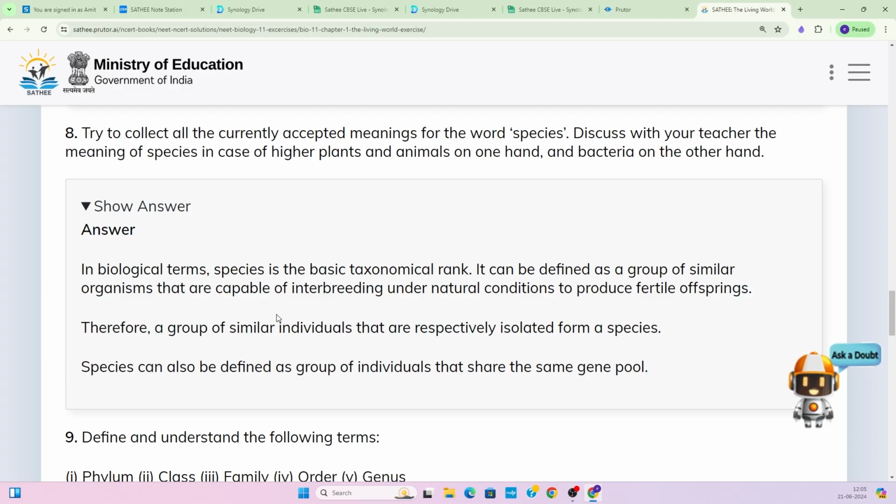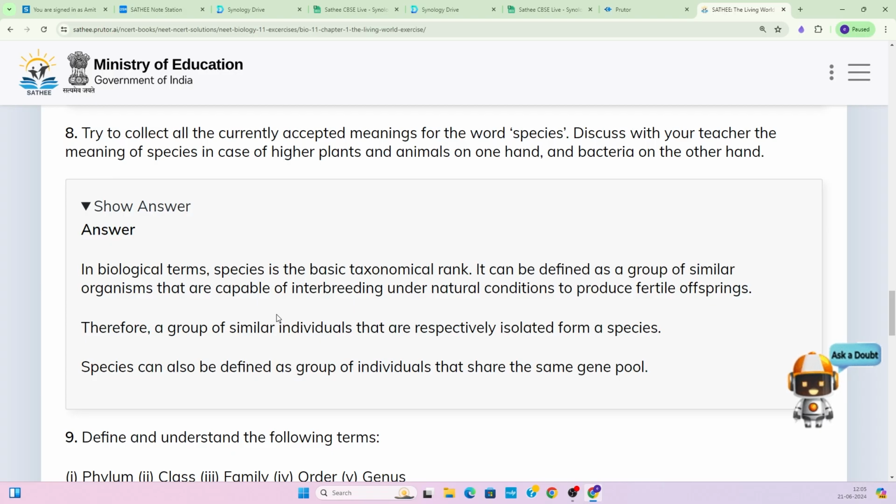Species can also be defined as a group of individuals that share the same gene pool. Very important: the gene pool of one particular species is the same. It is not different. Now, species in higher plants and animals: if we take the example of a lion, male and female can copulate and produce young ones, and they will be fertile.